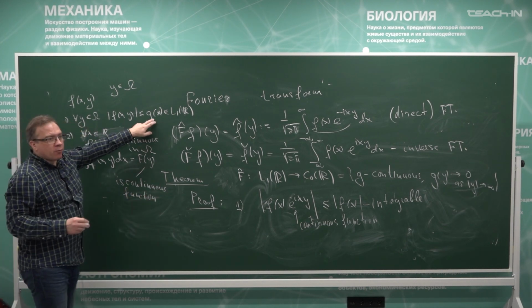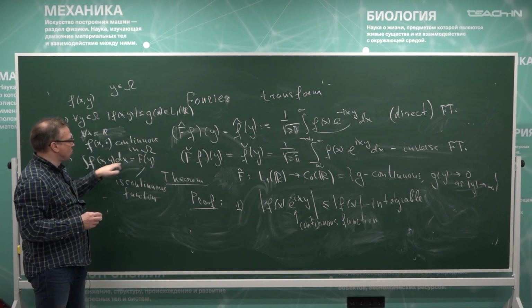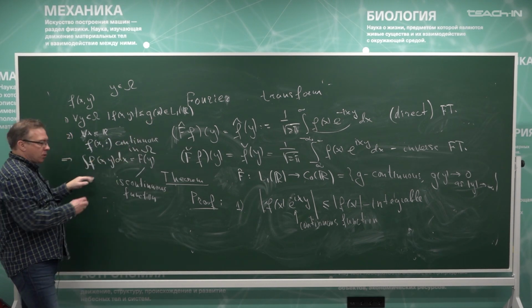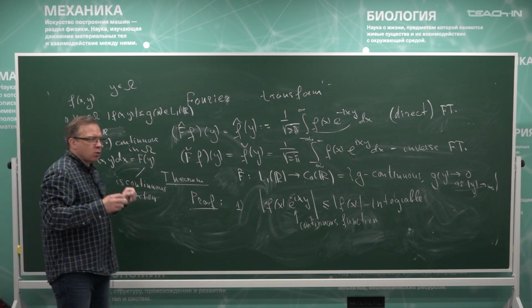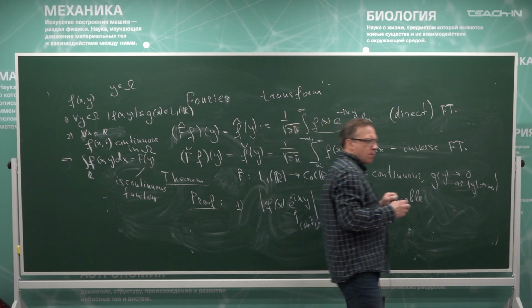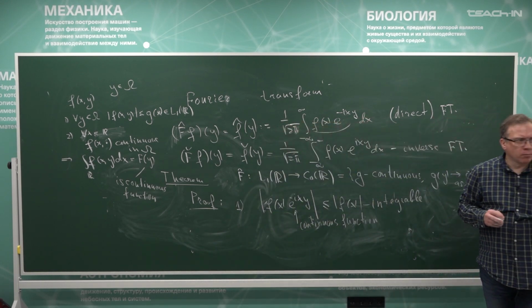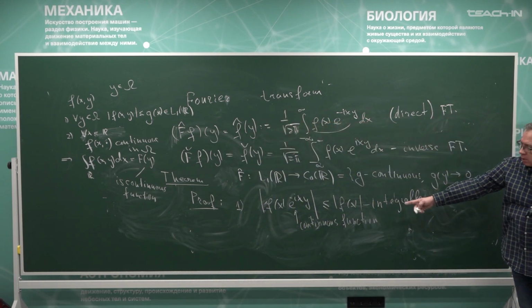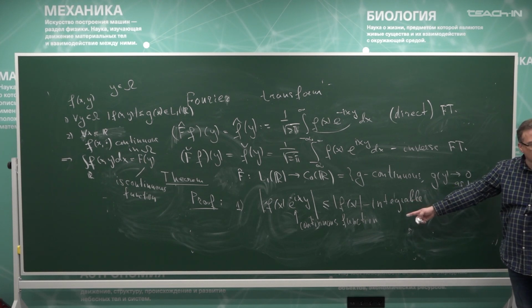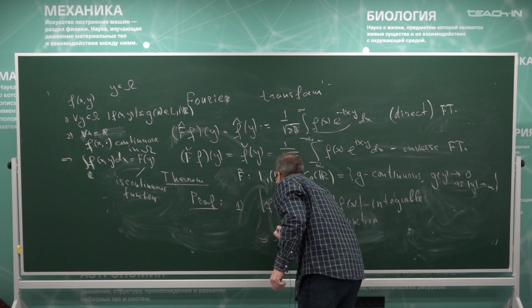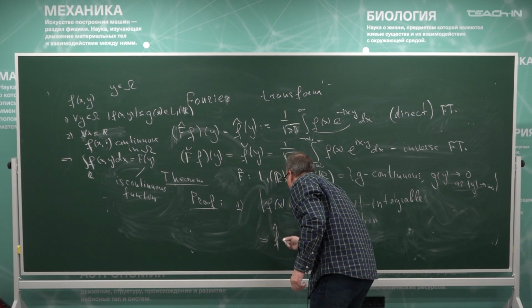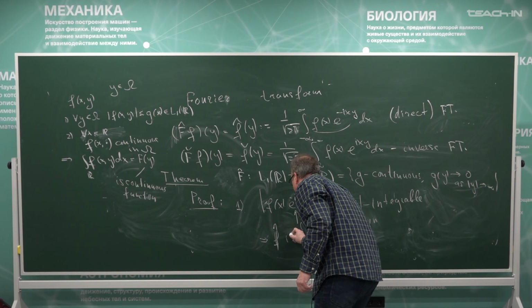So you have a majorant for all y's, and for y's you have a continuous function. Then the integral over R is a continuous function. It is a variant of the Lebesgue majorant theorem. And by this theorem, we immediately obtain that the Fourier transform of f is continuous.